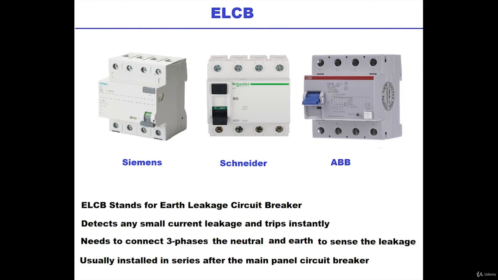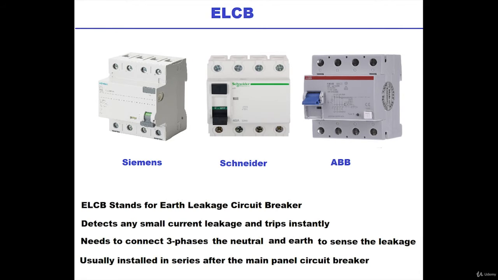What it does is it monitors the phase and it monitors the current going back to the source through the neutral. So what's important for you at this moment is to understand that ELCBs are used against electrical shocks.